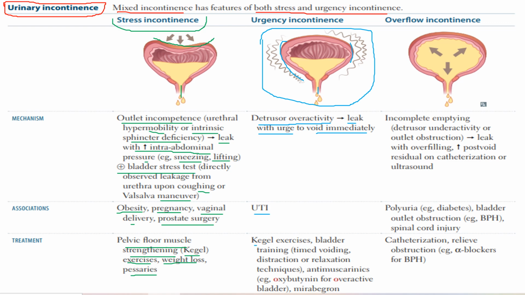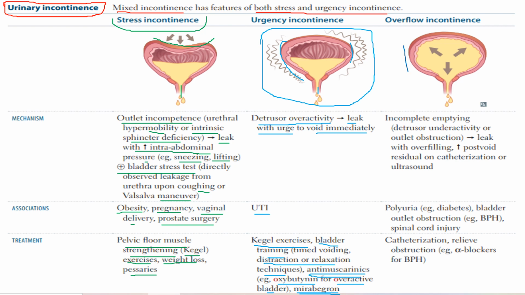Its treatment includes Kegel exercises, bladder training, timed voiding, distraction or relaxation techniques, and antimuscarinics. We can give antimuscarinics, for example oxybutynin for overactive bladder, and mirabegron.